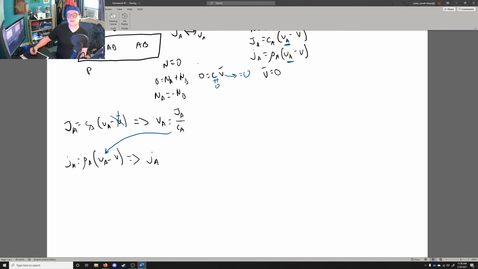So the mass diffusive flux is equal to the mass concentration of A times the molar diffusive flux of A divided by the molar concentration of A, minus the mass concentration of A times the mass average velocity.